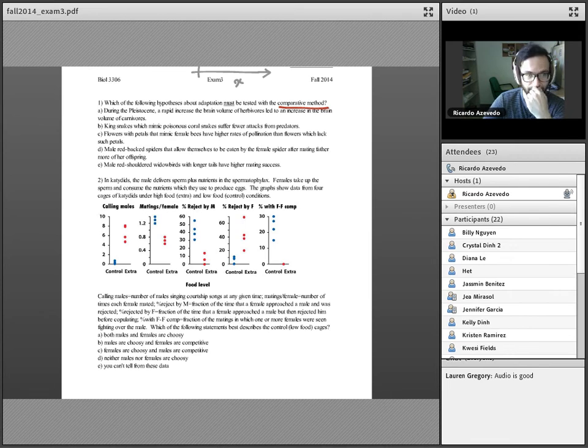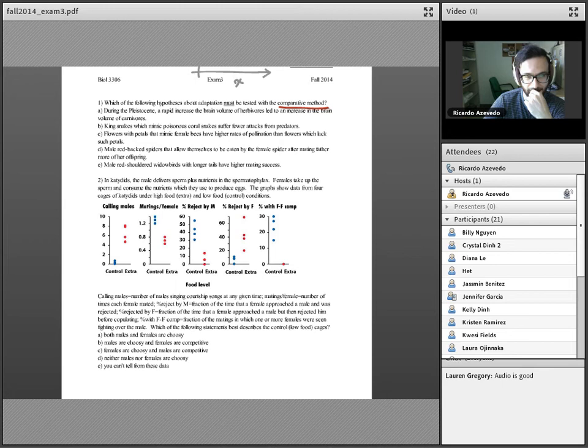So in katydids, the male delivers sperm plus nutrients in the spermatophylax. Females take up the sperm and consume the nutrient, which they use to produce eggs. The graph shows data from 4 cages of katydids under high food and low food conditions.